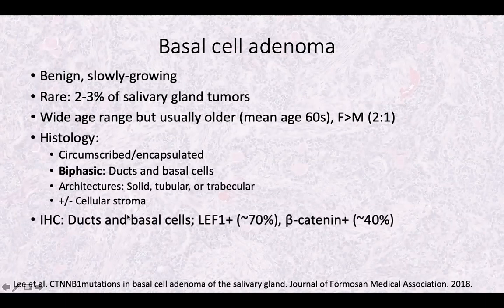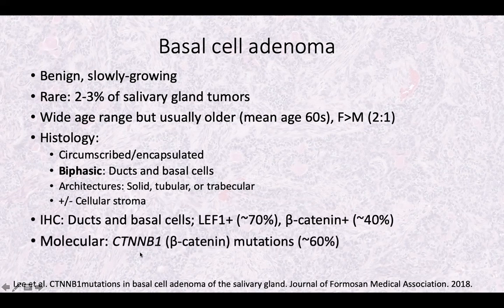And then for immunohistochemistry, you can do stains to highlight the dual cell population like we did on this case. And then the other thing you can do, which is more specific for basal cell lesions in particular, is LEF1 and beta-catenin. And by molecular, these things will show beta-catenin mutations in around 60% of cases. And very good prognosis. It's very rare for these things to recur, and they don't metastasize.